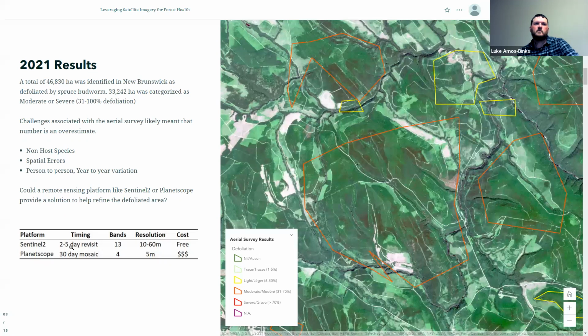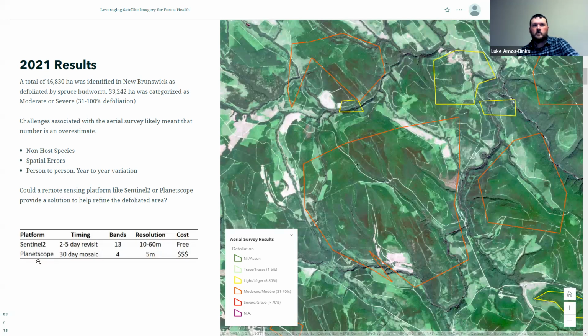Sentinel-2 in New Brunswick has a 2 to 5 day revisit, depending on where you are in the province. It has 13 bands, and the resolution is 10 to 60 meters.